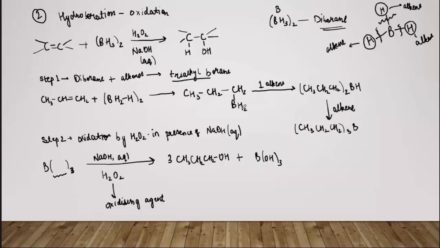In anti-Markovnikov, the hydrogen gets attached to the carbon which has fewer hydrogen atoms. Here in the alkene, carbon number 2 has fewer hydrogen atoms and the hydrogen is being added there. This means the product we got is an anti-Markovnikov product.